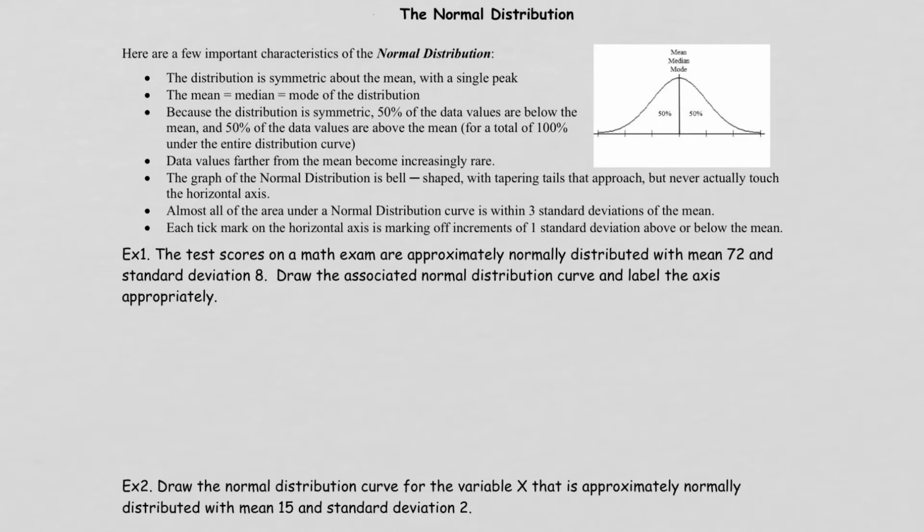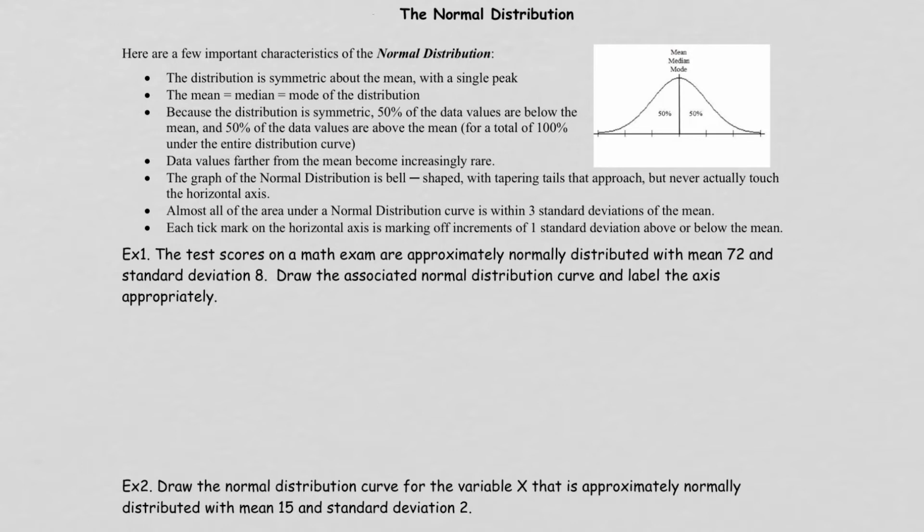In this lesson, we're going to talk about basic information from the normal distributions. When you have a normal distribution, the shape of the graph is going to be bell shaped, where your mean is going to be exactly half of your data values.